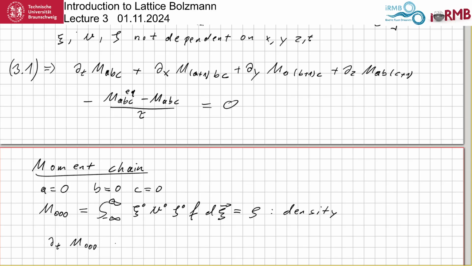Then we get dt m_000 plus d_x m_100 plus d_y m_010 plus d_z m_001. And now I put the right-hand side, this BGK collision operator, on the other side. We will have m_000 equilibrium minus m_000, and we divide this by tau.